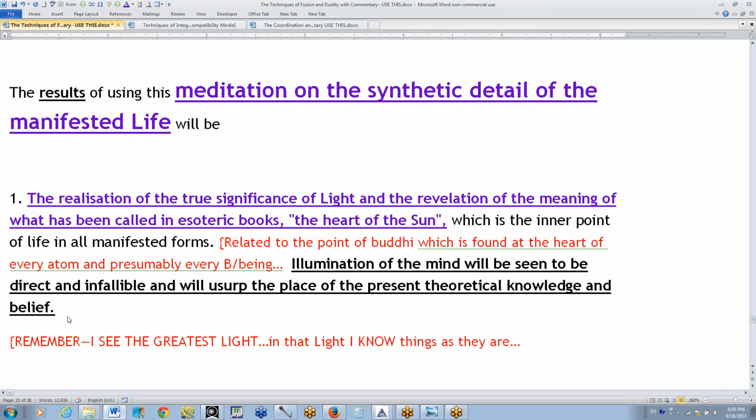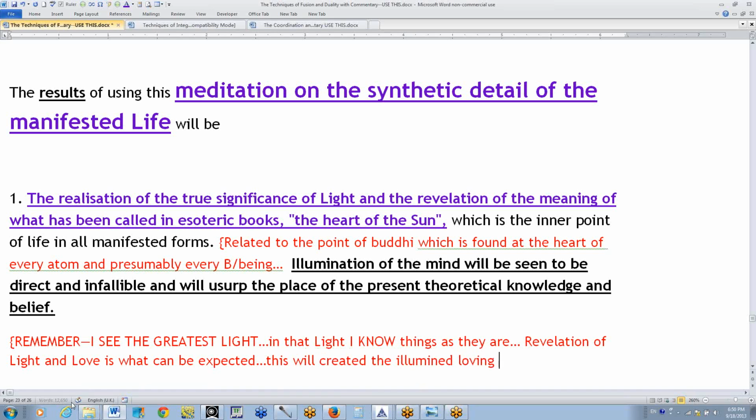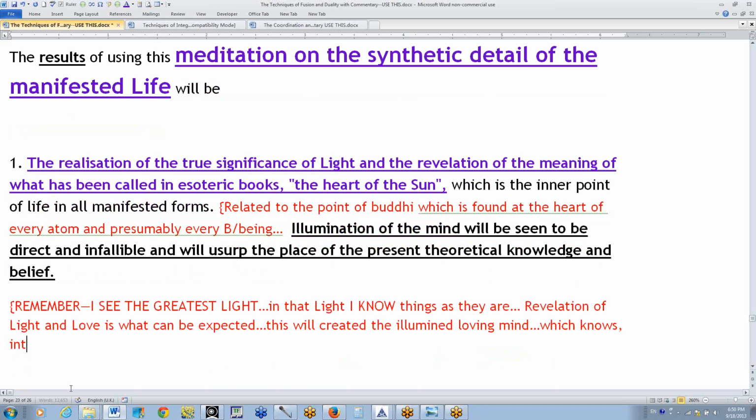So the revelation, really, of light and love is what can be expected, and this will create the illumined, loving mind, which knows intuitively and directly the truth of things.